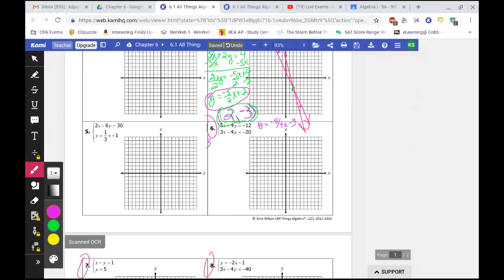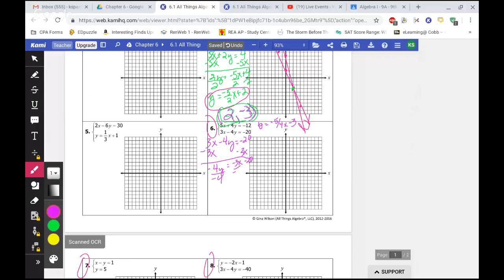We've got 3x minus 4y equals negative 20. I'm going to subtract 3x from both sides. It's going to give me negative 4y equals negative 3x minus 20.